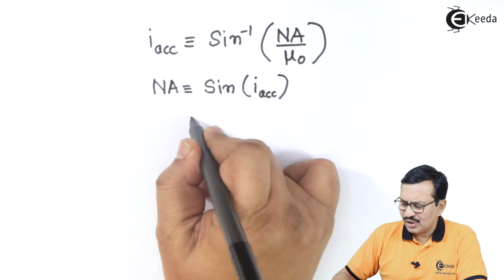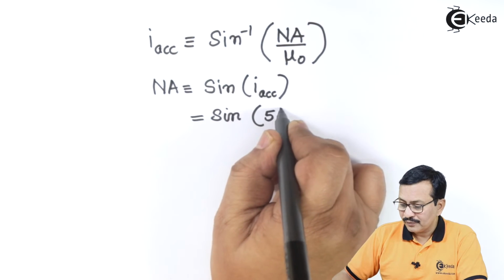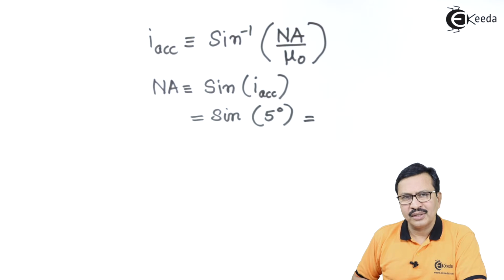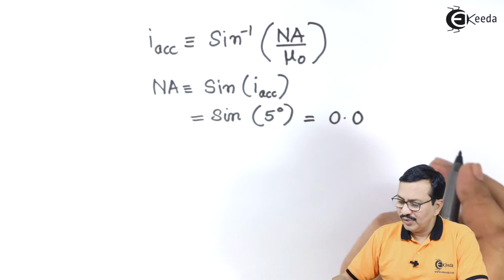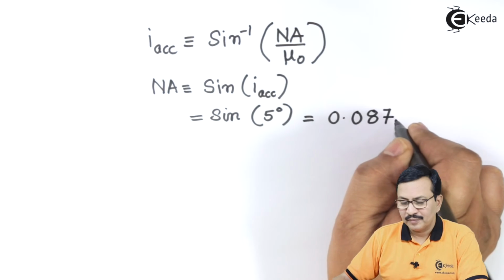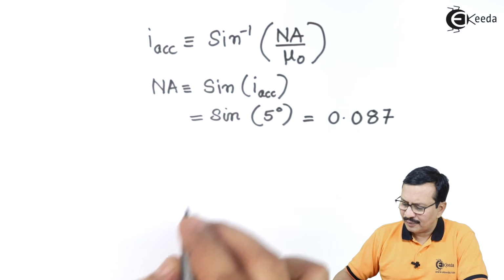So this works out to sine of 5 degree, and the numerical aperture turns out to be 0.087. The value of your numerical aperture is now turning out to be 0.087. It is now that we can actually utilize this particular value and find out what is the value of your mu2. Let us do that now.